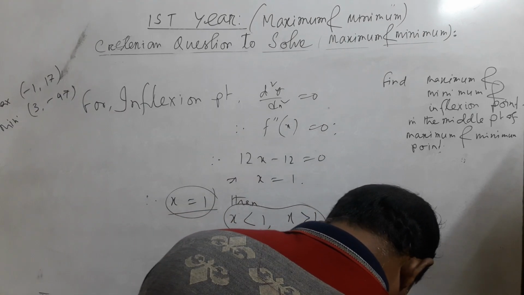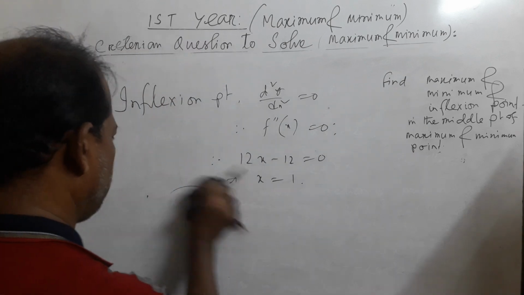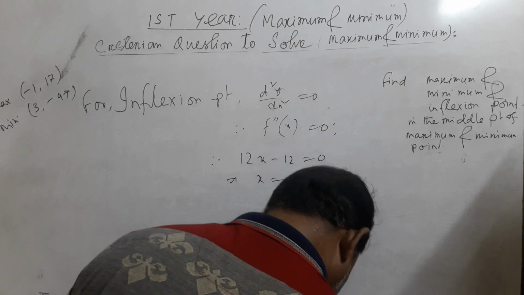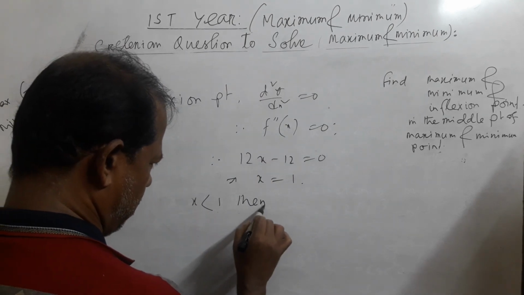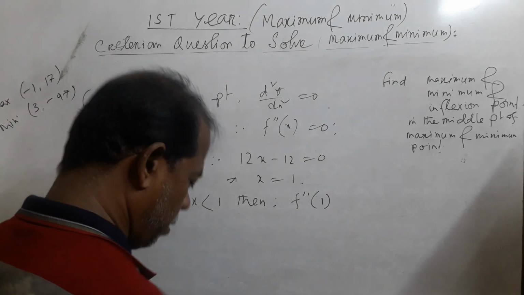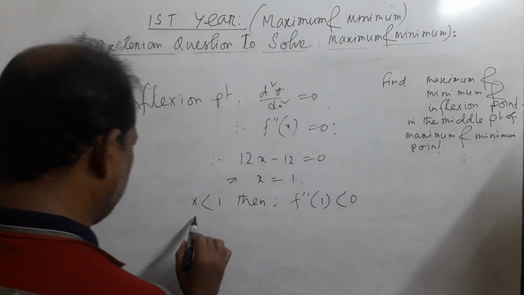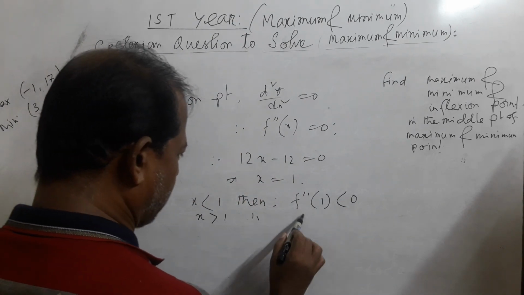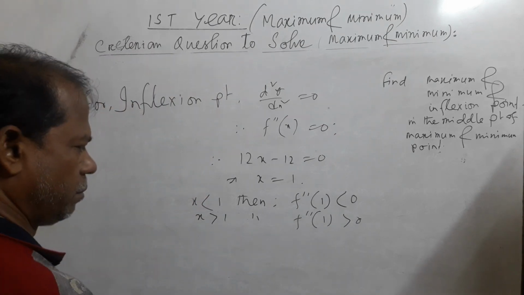If x is less than 1, then obviously f double prime is less than 0. If x is greater than 1, then obviously f double prime is greater than 0.